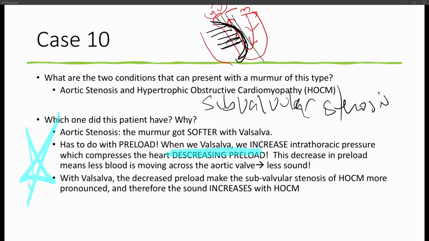So again, what is subvalvular stenosis? This is happening below the valve that's causing a stenosis. HOCM will do this. A thickened septum can cause an outflow tract obstruction, mimicking a stenosis, causing a murmur to happen. Everyone good now between HOCM and AS?